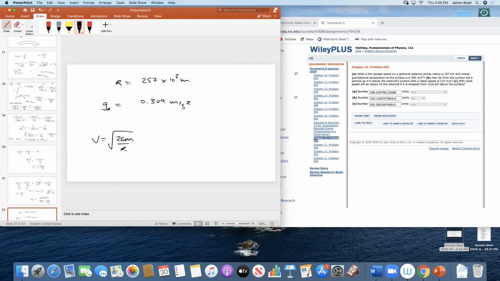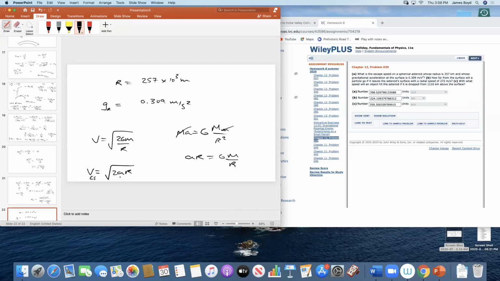So hold on, let's do something a little bit more creative here. So ma, we know, is GMm over r squared at the surface. These m's cancel. If I multiply both sides by r, I get that this is GM over r. So this term right here is actually ar at the surface. So v escape is 2 times the acceleration at the surface times the radius at the surface.